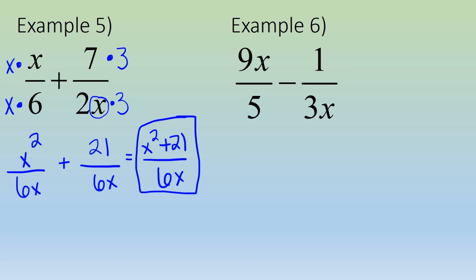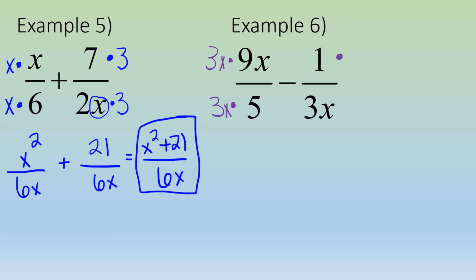I'm going to change my pen color to purple. All right, example number 6. We're going to have to multiply both of them again because we can't get from a 5 to a 3 or a 3 to a 5. So let's multiply this by 3. But remember, our goal is to have a common denominator with x in it. So that means we're going to have to multiply by 3x.